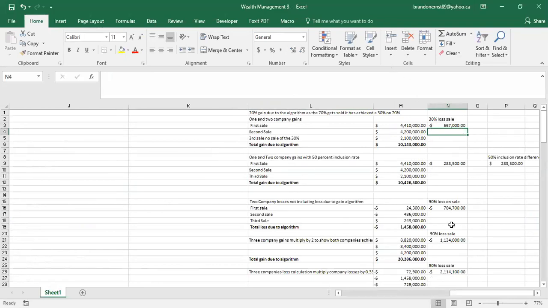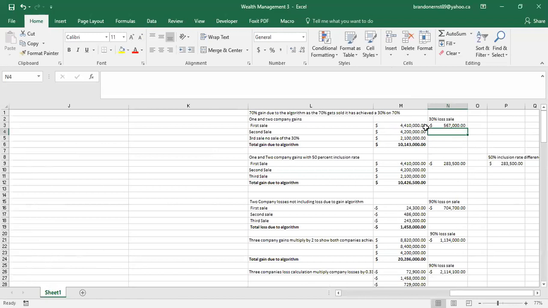Now, the other three sales are all going to gain. You're going to lose on that most expensive purchase, but you're going to gain on the rest of the purchases by 30%.